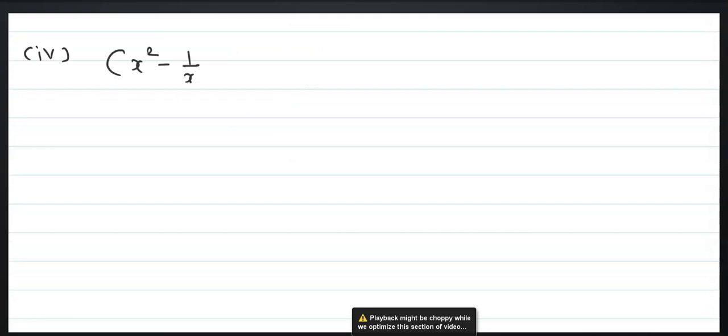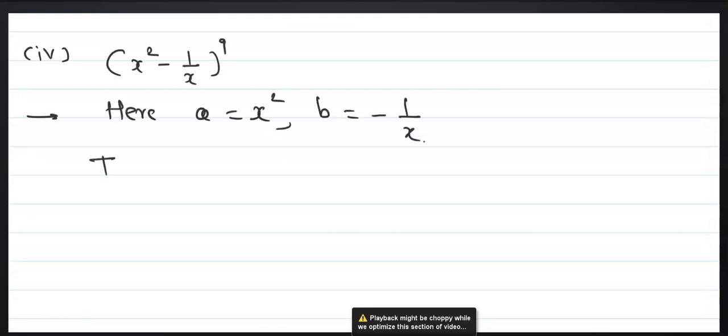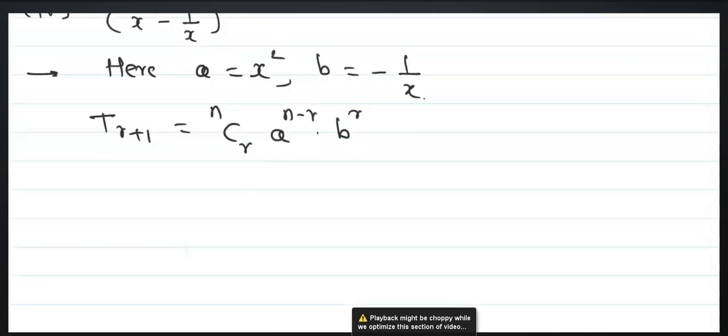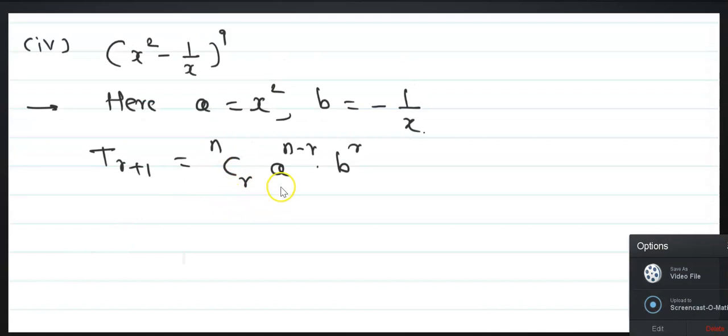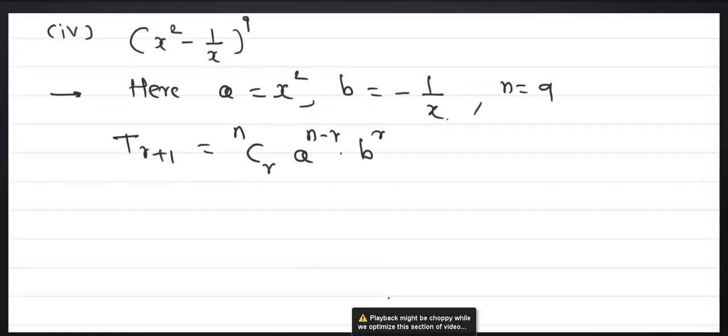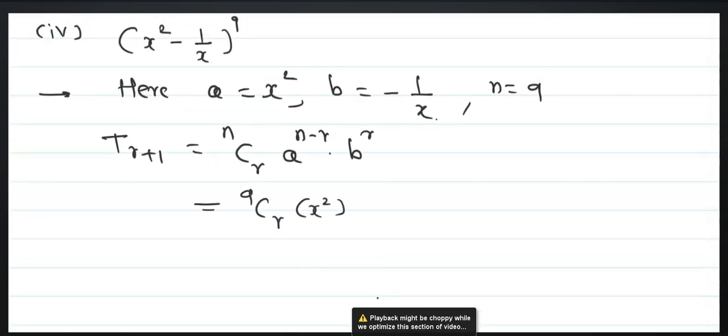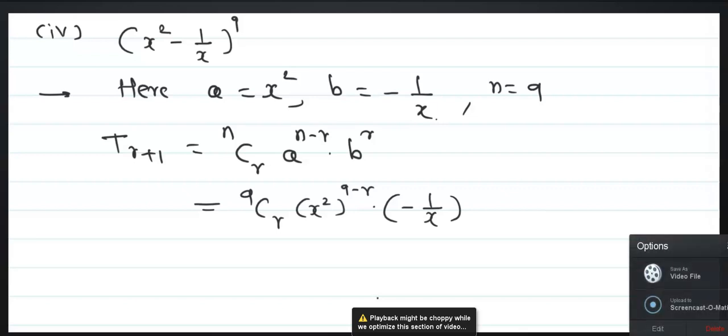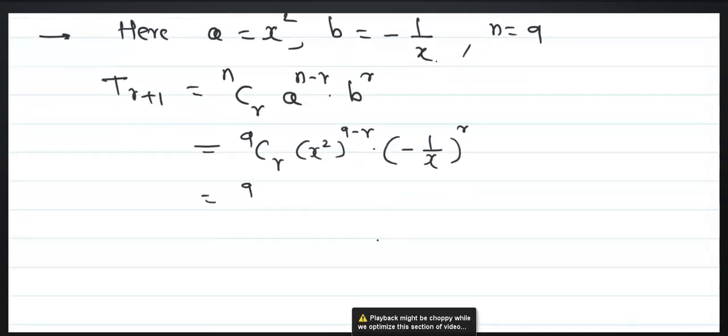Now the next is fifth one. X square minus 1 upon x bracket raised to 9. a is equal to x square, b is equal to minus 1 upon x, and again the formula tr plus 1 is equal to ncr, a raised to n minus r, b raised to r. Now substitute the values: ncr, x square bracket raised to 9 minus r, minus 1 upon x bracket raised to r.